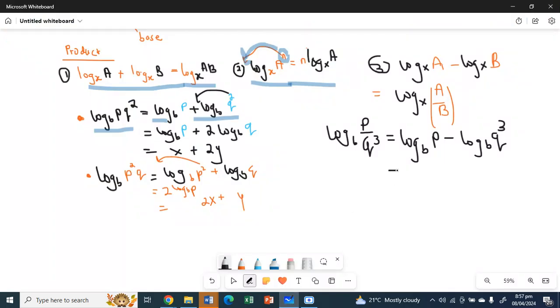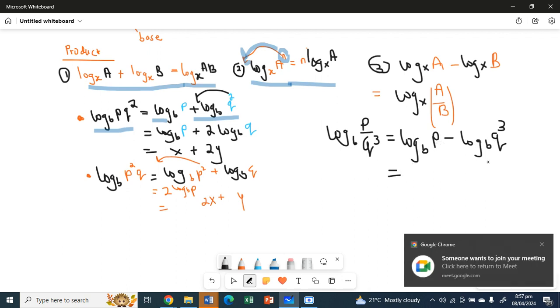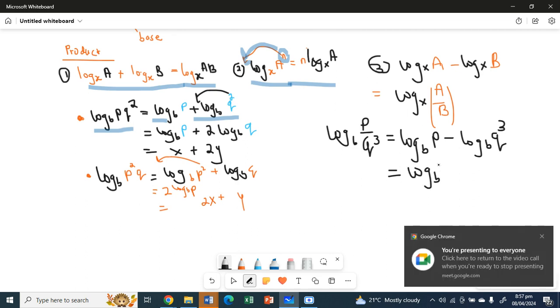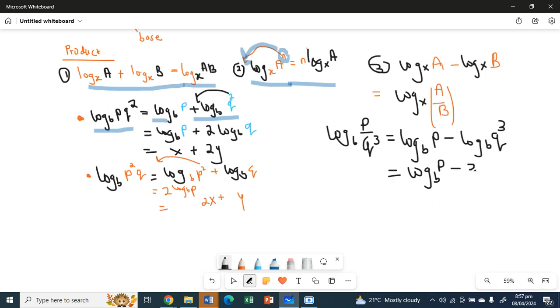All right. So here we can substitute log b p with x, but for q cubed, we have to apply the power rule, where we're going to have to bring the exponent in front. So this q to the power 3, this 3 comes in front, so it's 3 log b q.